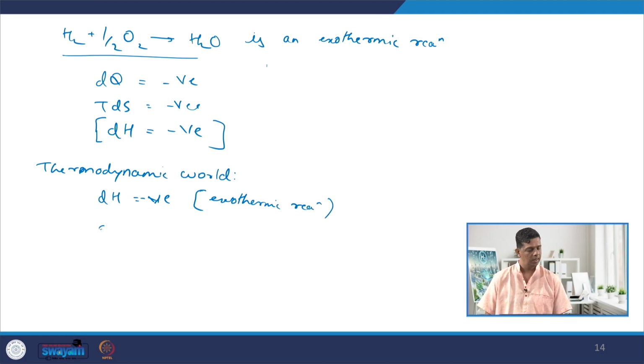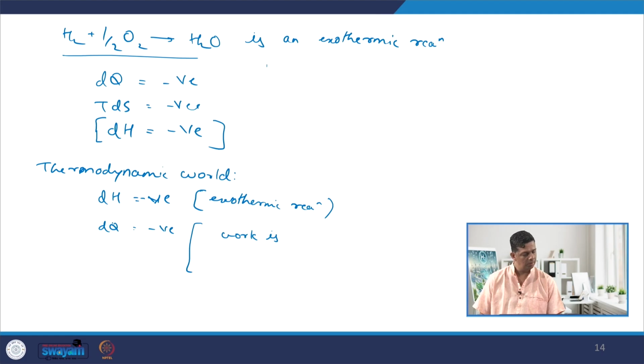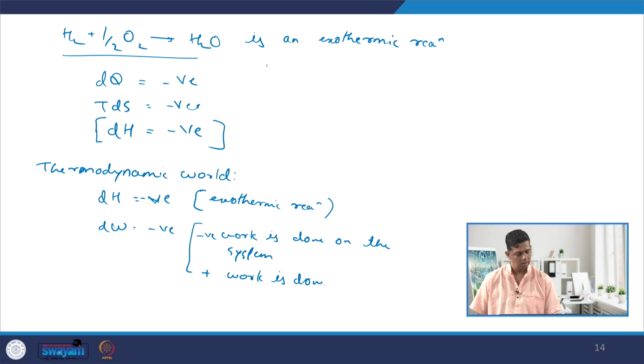And if dQ is negative, what does it mean? So when dW is negative, work is done on the system, or this is negative. When it is positive, this work is done by the system.